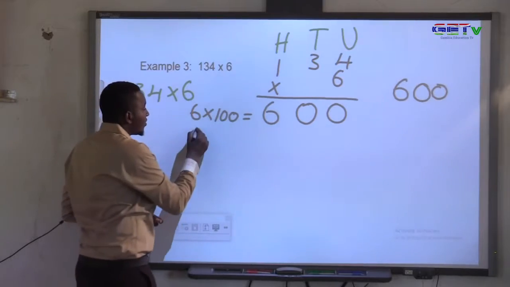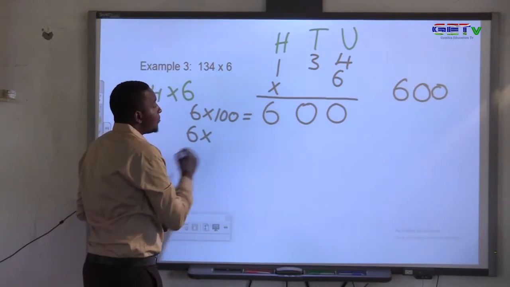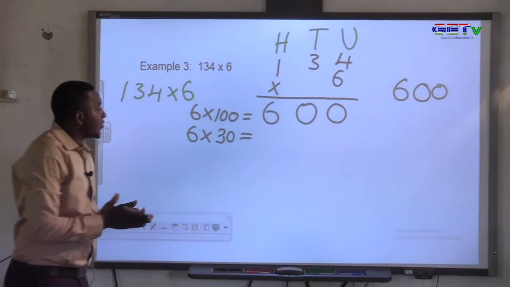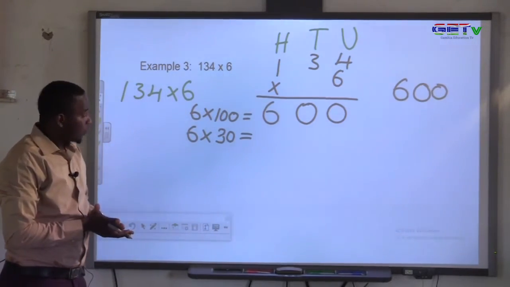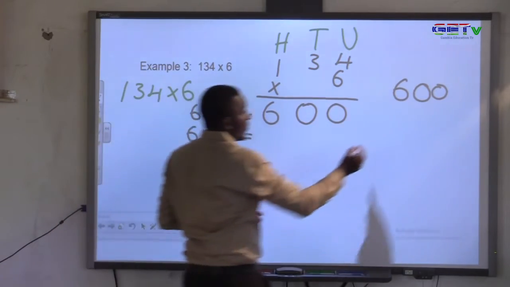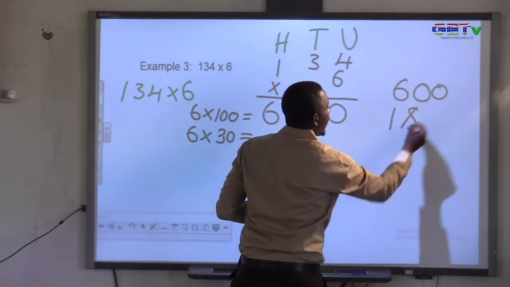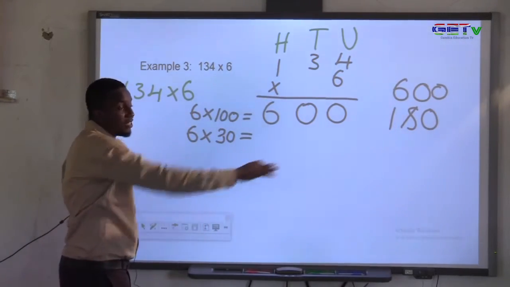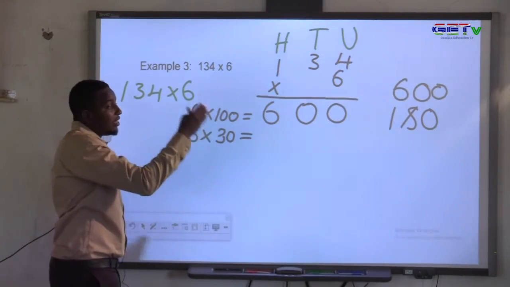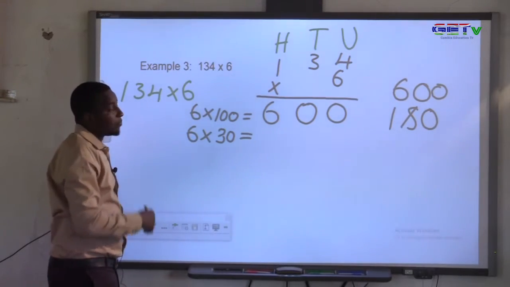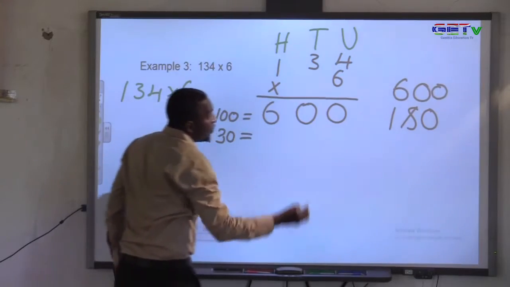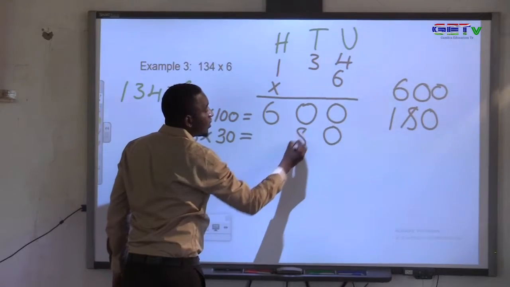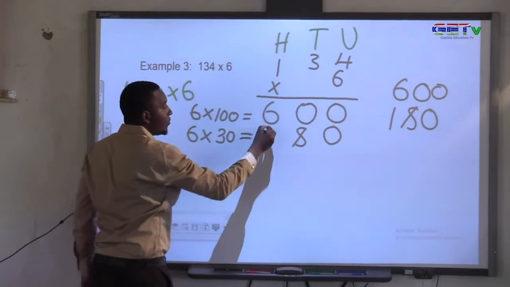So 6 times 30 will give us 180. Again, we have 3 digits. We write each digit in its respective place value: the 0 under the units, 8 under the tens, and 1 under the hundreds.